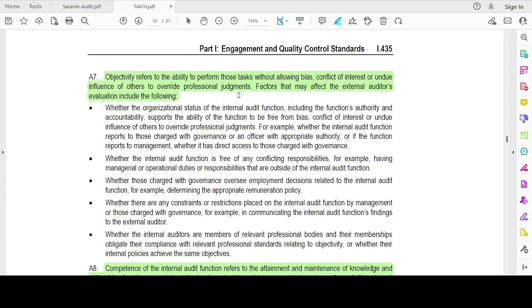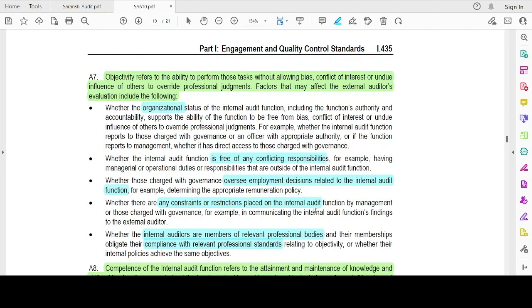Factors that may affect the external auditor's evaluation include organizational status, then whether the internal audit function is free of any conflicting responsibilities, whether those charged with governance oversee the employment decisions related to the internal audit function, whether there are any constraints or restrictions placed on the internal audit function by the management or TCWG, and whether the internal auditors are members of relevant professional bodies whose membership obligates compliance with relevant professional standards relating to objectivity.